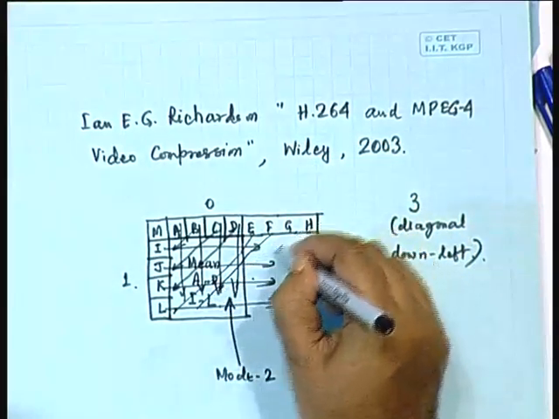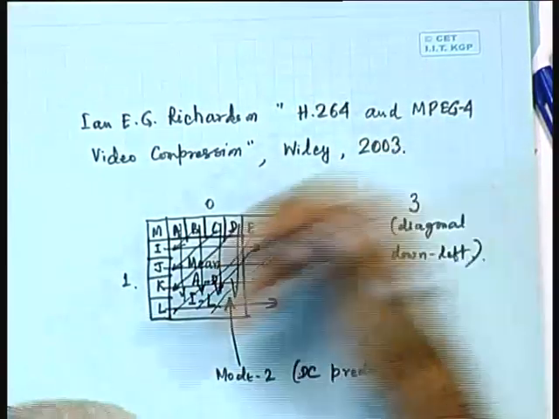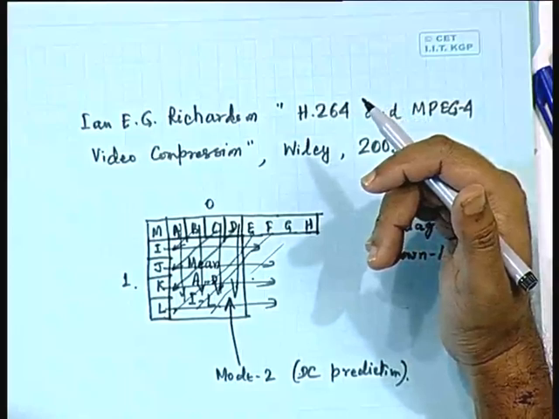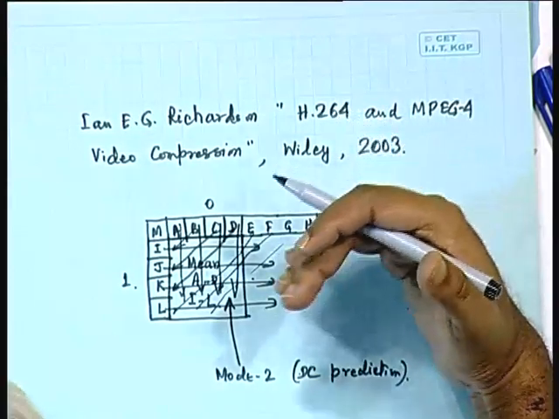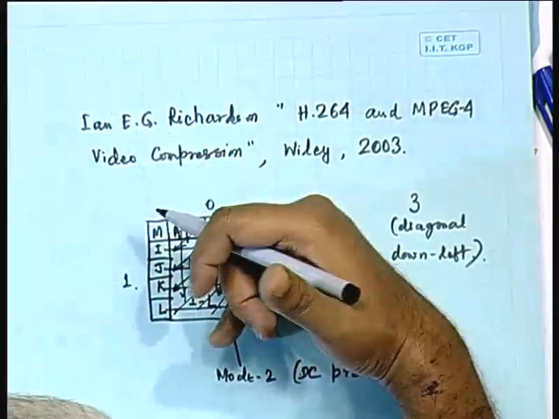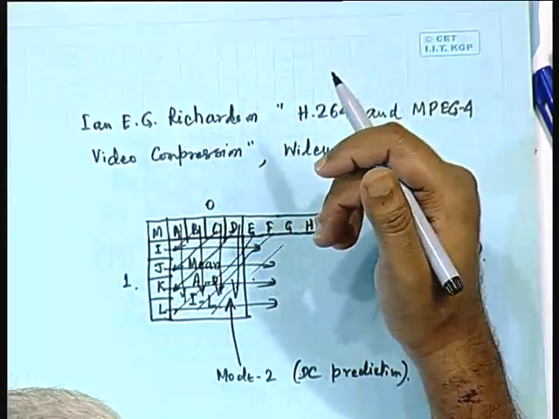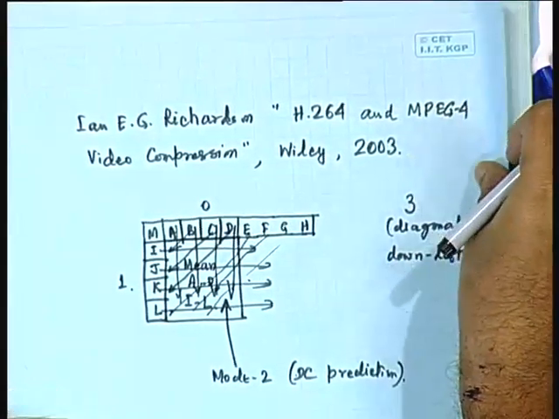Pixel F and pixel G will be involved in the prediction in the diagonal left direction. And likewise in the diagonal down right direction also this M will get involved, along with the A, B, C and D. So, this is what one has to consider.